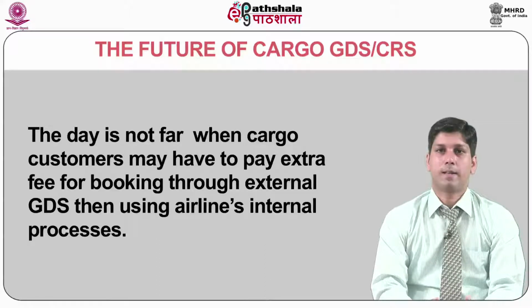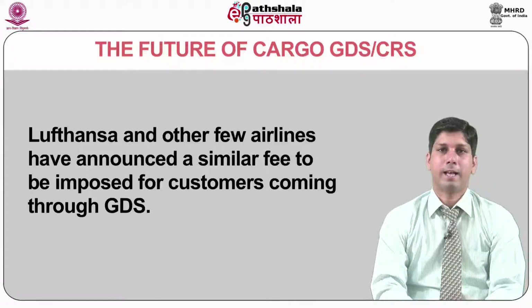The day is not far when cargo customers may have to pay an extra fee for booking through external global distribution systems rather than using airlines' internal processes. Lufthansa and a few other airlines have announced a similar fee to be imposed on customers coming through global distribution systems.